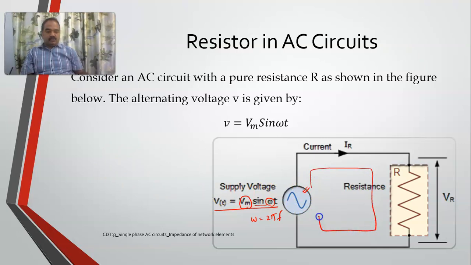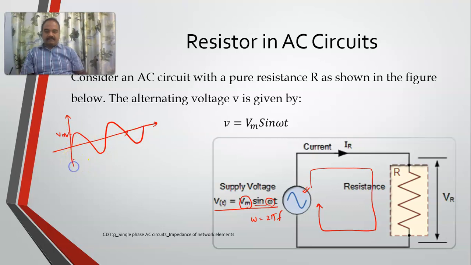Now it allows a current to pass through it. At any point of time, this is the mathematical expression of this signal.